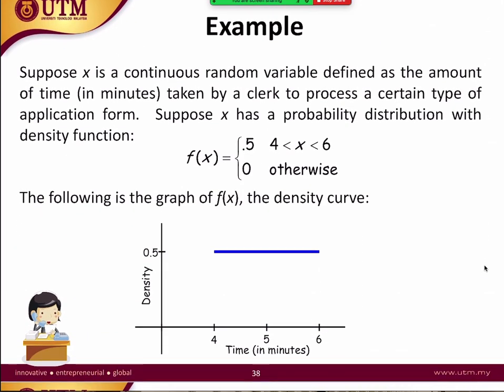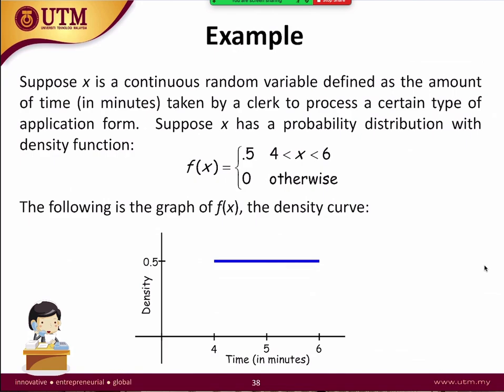All right, for an example, this one is a bit different because it does not show a curve, just a simple example on a straight line. Let's say we have a clock that is able to process a certain type of form, where the density for this clock is 0.5 in between 4 to 6 minutes.